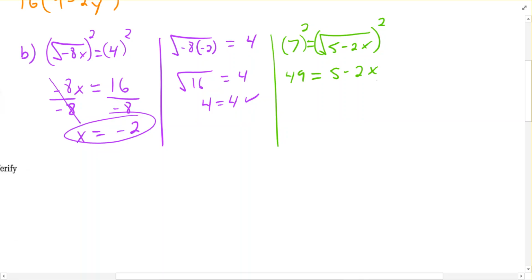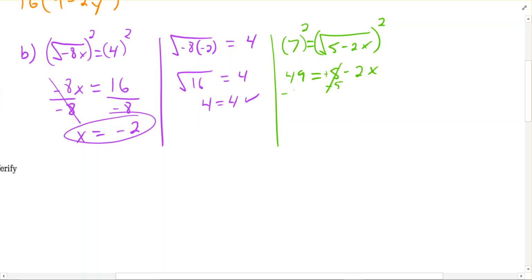Now on this side, we've just got 5 minus 2x. Now at this point, people make mistakes because they don't know which one to get rid of first, the 5 or the 2. Well, you have to get rid of the adding or subtracting part of it first. The one that's kind of like, I think of it as being farther away from the x, that's the first to go. So 5 is just kind of hanging out there, and it's a positive 5 right now. So we need to subtract 5 from both sides.